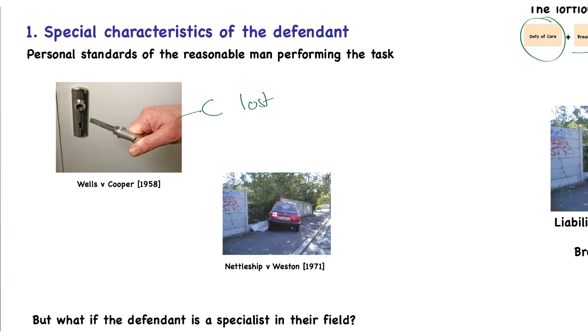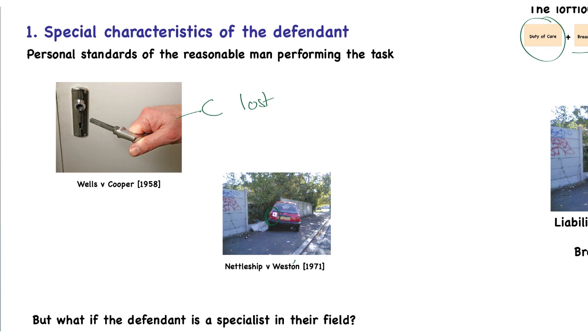Let's take a further look at that and look at the very, very famous case of Nettleship versus Weston. In Nettleship versus Weston, the defendant was the learner driver, and the claimant was the professional driving instructor, believe it or not. On their third lesson, in a car that doesn't have dual control, the driving instructor wasn't able to brake for the learner driver.